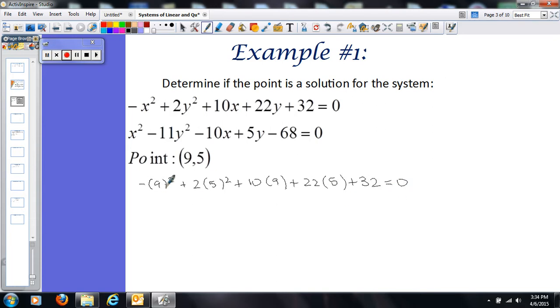So 9 squared is 81, so that's negative 81, plus 5 squared is 25, plus 10 times 9 is 90, plus 22 times 5, 5 times 2 is 10, carry the 1, 5 times 2 is 10, plus 1 is 11, so that's 110, plus 32 equals 0.